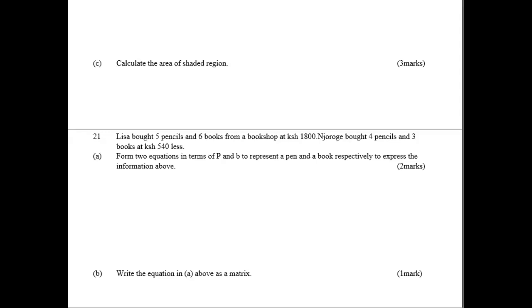5P plus 6B equals 1,800. The other one is 4P plus 3B equals 1,260. How 1,260? It is 1,800 minus 540 to get 1,260. All right. With that equation, we are supposed to extract the matrix from it, or we write it in echelon form.